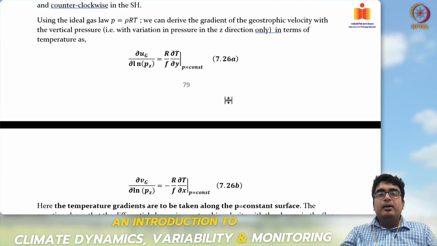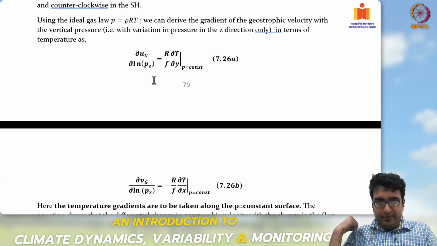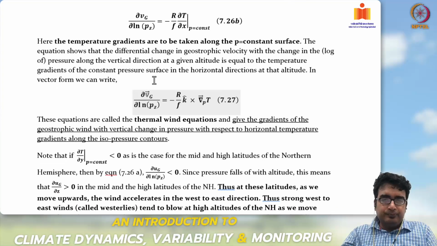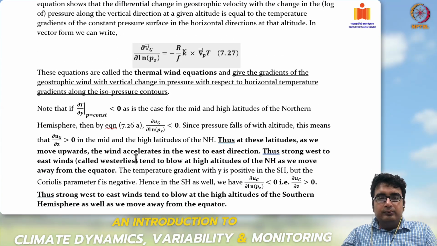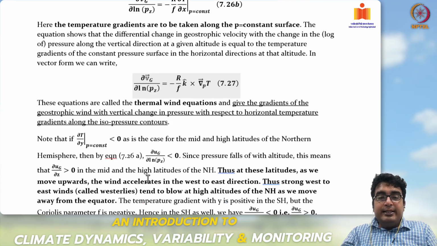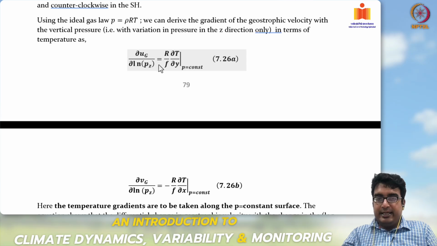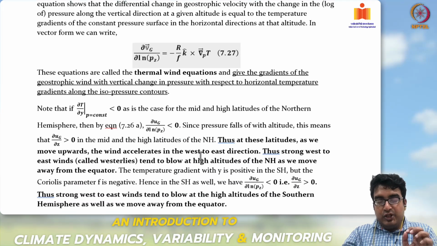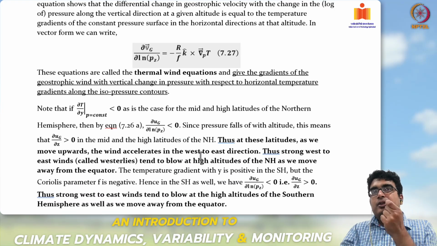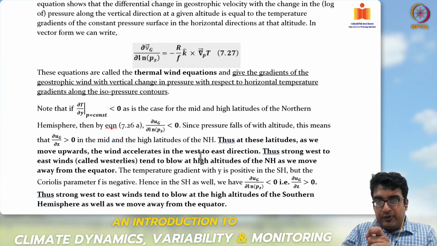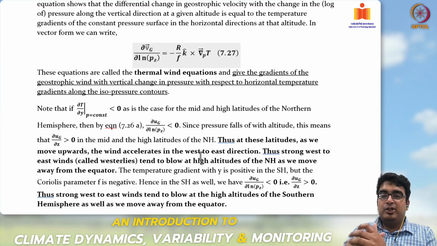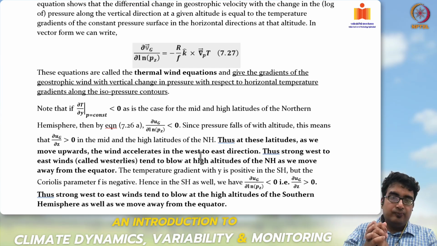Okay. Now, change in pressure with Z as you move upward itself is negative, right? So, del UG del log Pz is less than 0. This is negative. Change in the zonal geostrophic velocity with respect to the change in the log of the vertical component of pressure is less than 0.